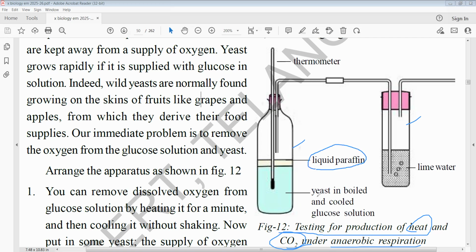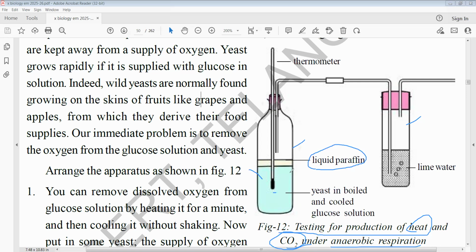First of all, we take the glucose solution and pour it into the thermos flask. This glucose solution must be boiled and cooled. After pouring the glucose solution, you have to add the yeast cells.